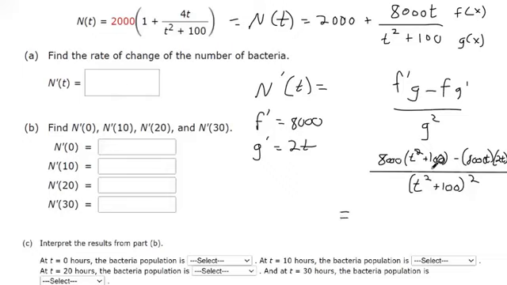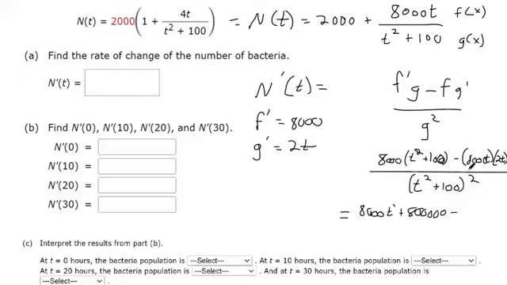So let's expand the top. Maybe we can combine some like terms. We got 8,000 t squared plus 8,000 times 100. Add an extra 0. 8,000. 1, 2, 3, 4. No, that looks right. And then I just distribute the 8,000, just doing algebra here.